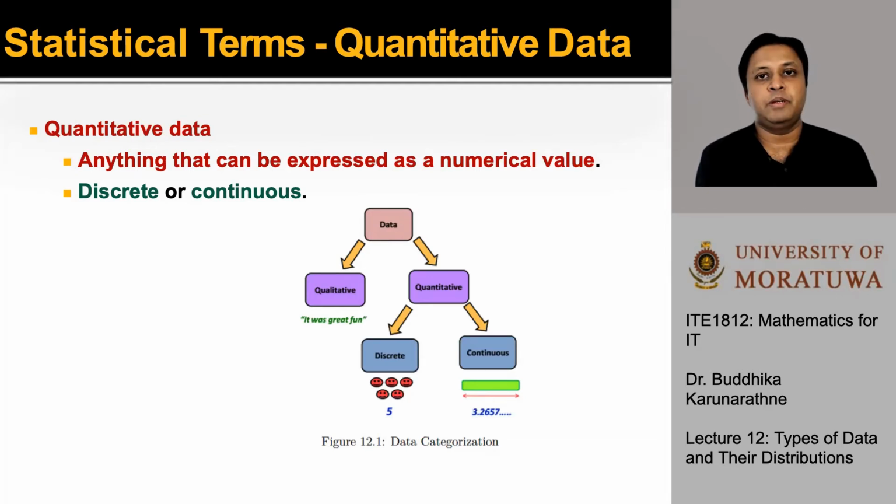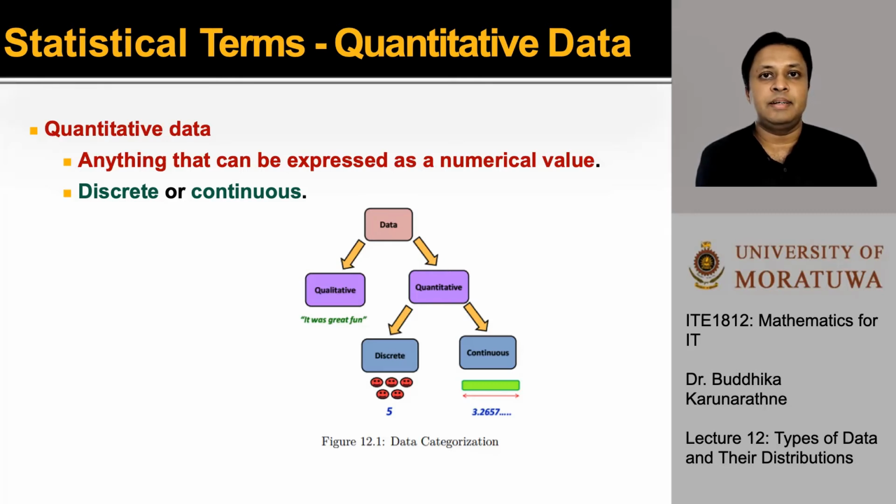In figure 12.1, you see in this slide, it describes the differentiation between qualitative versus quantitative data. Quantitative is data that can be represented in numerical values, and it can be further categorized into discrete versus continuous.